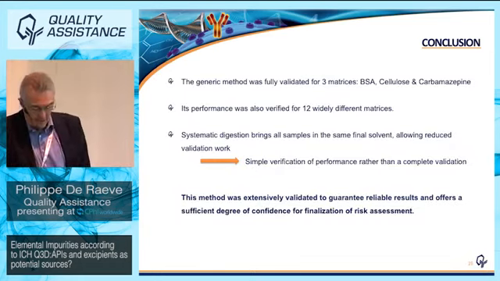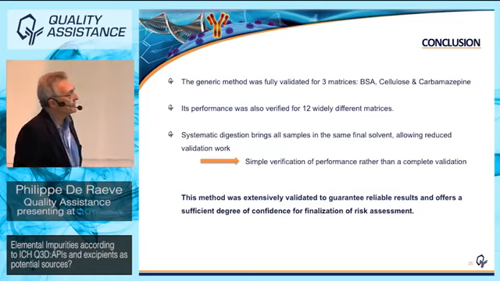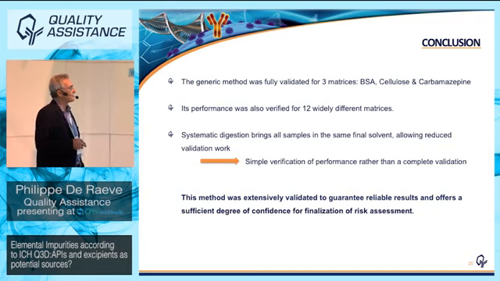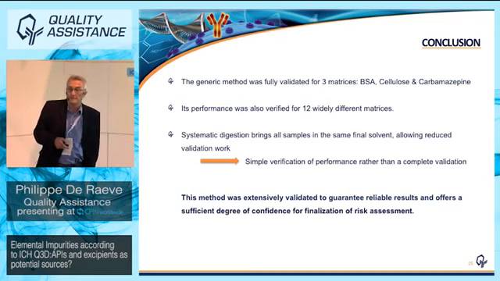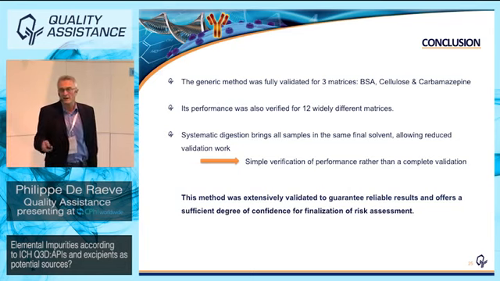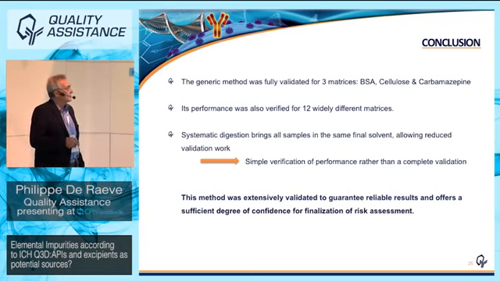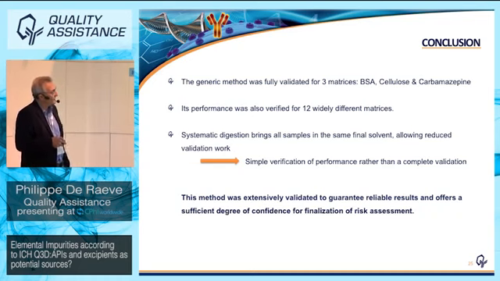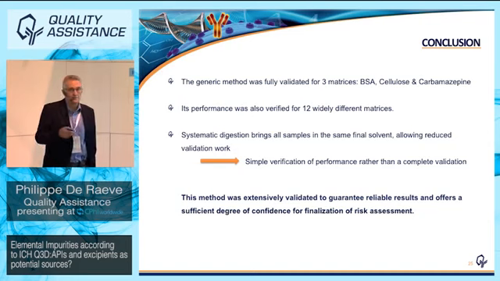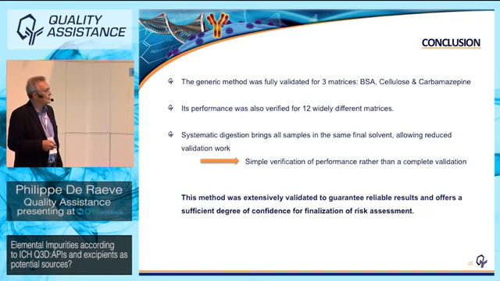So we have validated the generic method completely for 3 different compounds, BSA, cellulose, and carbamazepine. The performance of this method was also verified for 12 very widely different matrices. Remember that systematic digestion will bring all samples in the same final solvent, allowing reduced validation work.